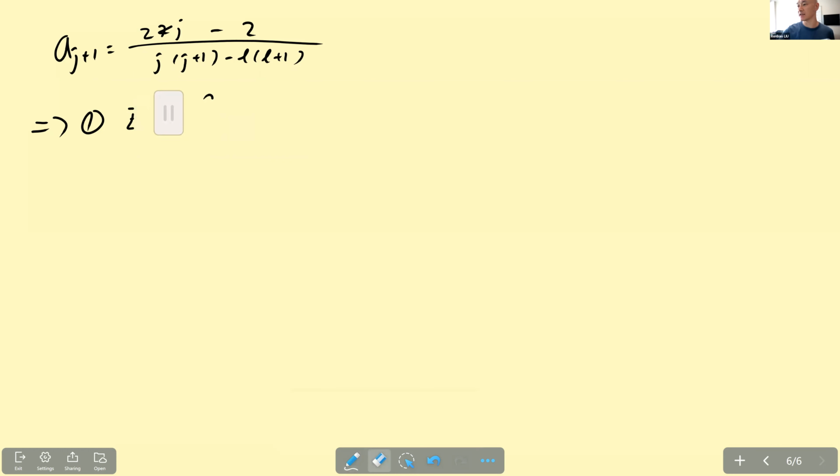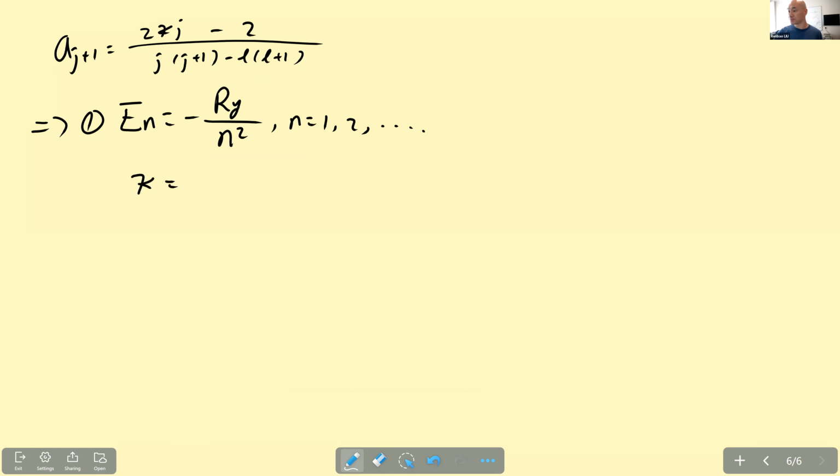Let me just say that the energy must take some discrete values, M equal to 1, 2, 3, and so forth, or kappa equals 1 over 2, 1 over 3, and so on. So this polynomial is terminating, and so the function does not diverge at infinite distance.